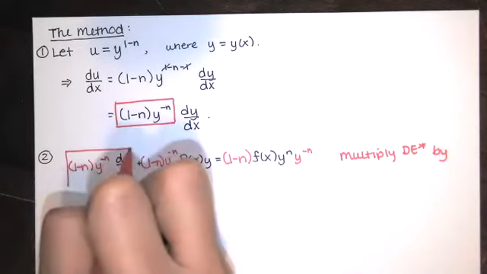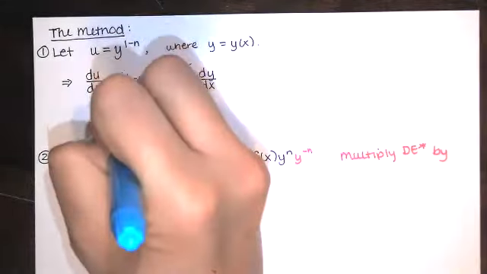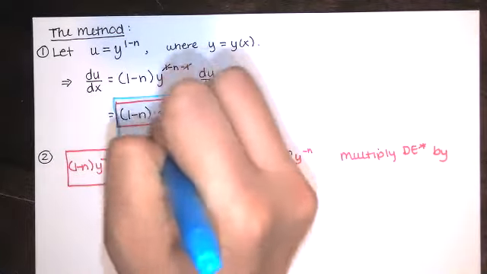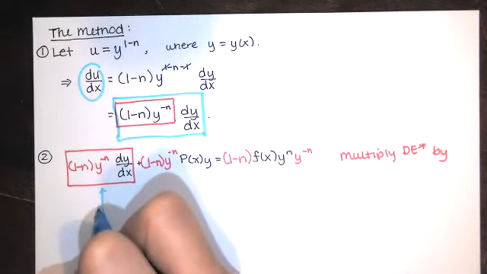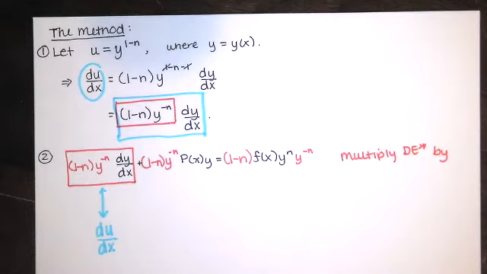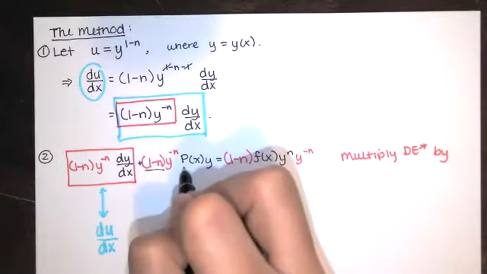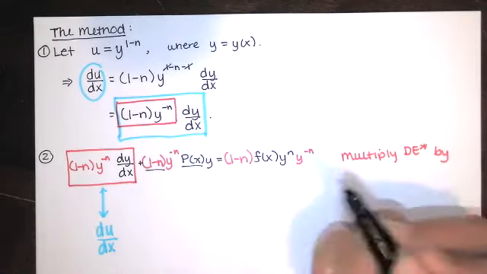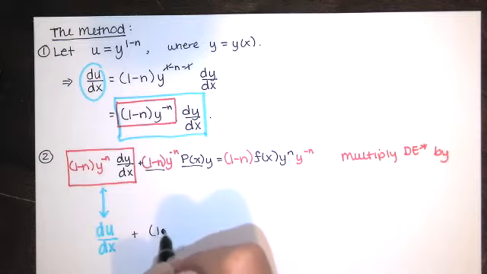By design, this piece is this piece. And that piece is du dx. So this first term will be the derivative of u with respect to x. And then watch what happens here. You've got a 1 minus n, which is just a constant, times p of x. So I'll bring my constant down.